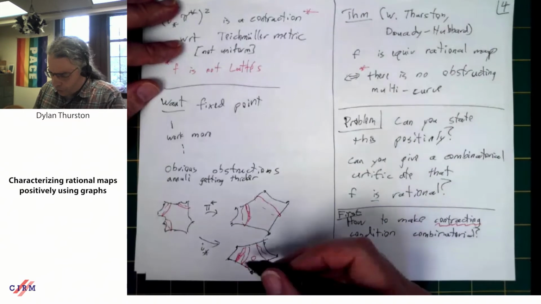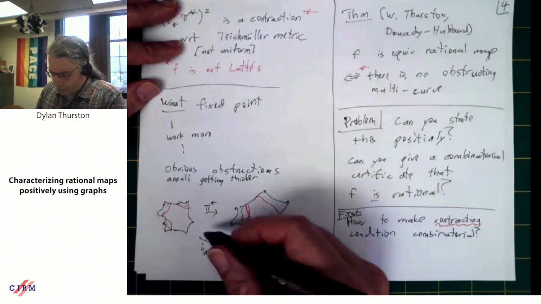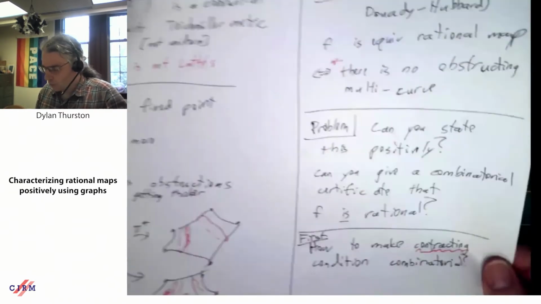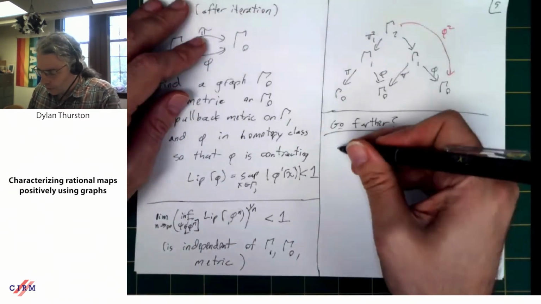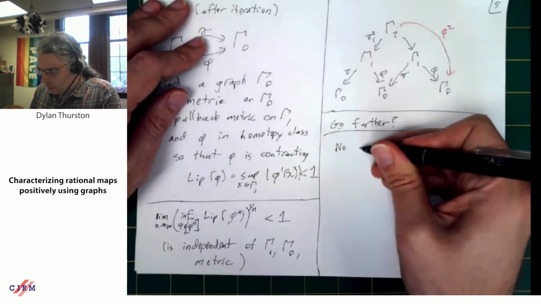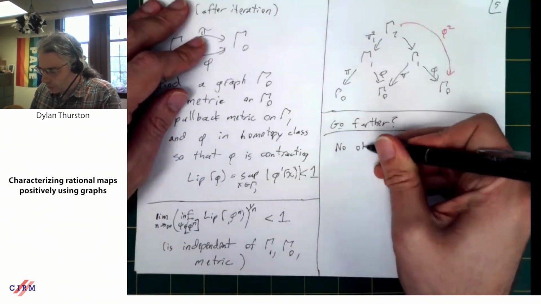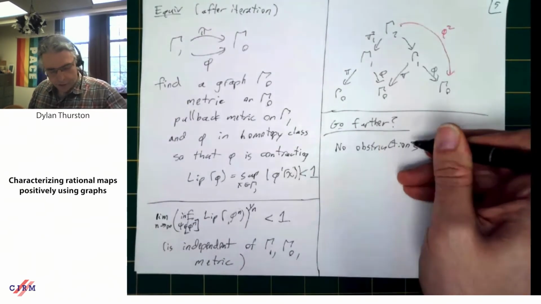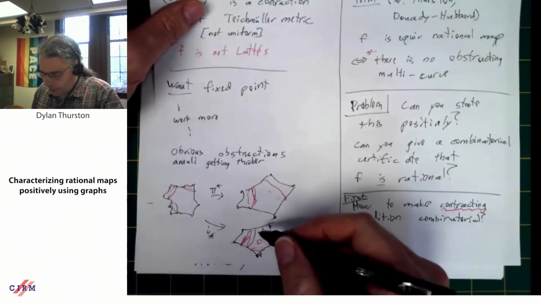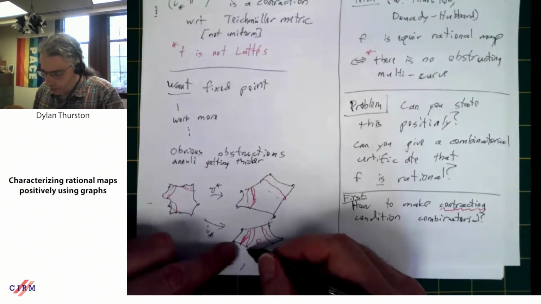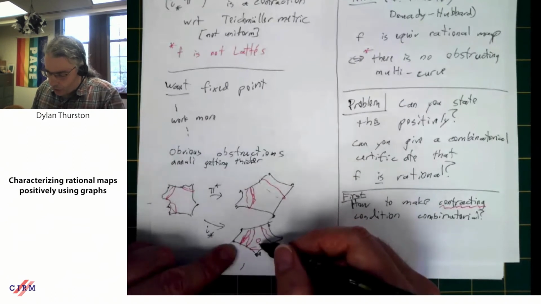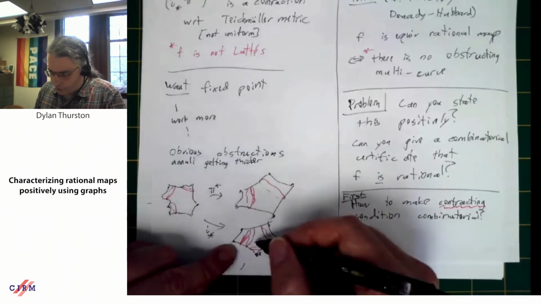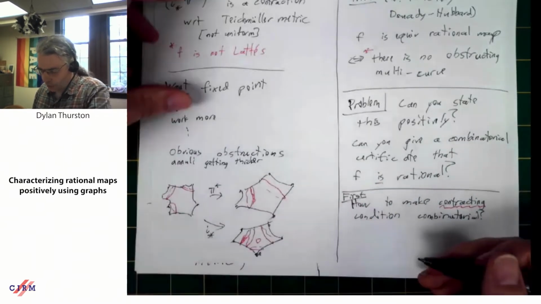And so I wanted to recast this kind of criterion: there being no obstructions, like what happens when annuli get fatter and fatter? The modulus of these annuli is going to 0 in this iteration. Or we can also look at it in terms of extremal length. The extremal length is going to 0 in this iteration.